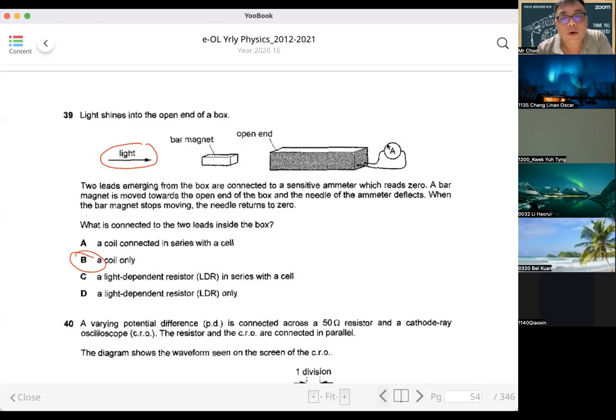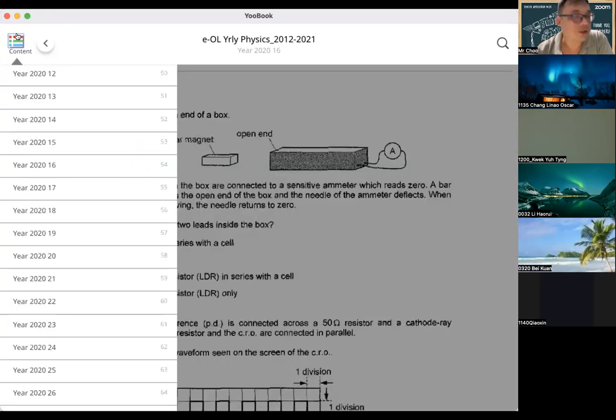The current will only deflect when the bar magnet moves, and when the bar magnet stops, there'll be no more current. So this light has no impact on the current. It's the bar magnet that produces the current. Is that clear? The light itself is just to distract you. Okay, let's do the next question.